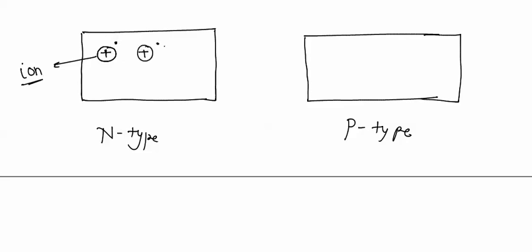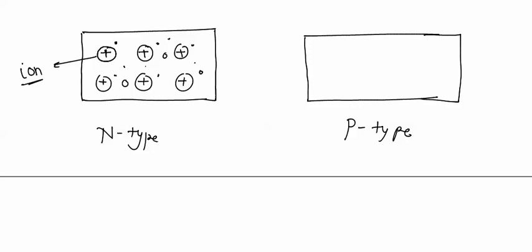And like this, each phosphorus atom will acquire a positive charge with the donation of one electron, and also there will be a bond breaking process, and due to this bond breaking process electron hole pairs are generated. And this will be the final representation of n-type semiconductor.